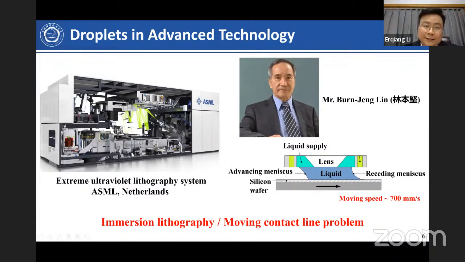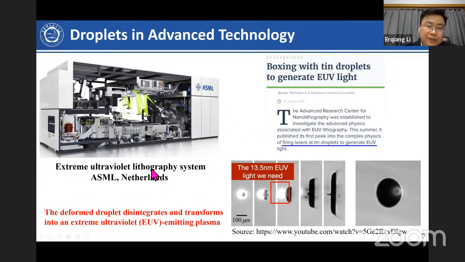Also, in the extreme ultraviolet lithography technique, the light is produced by heating thin droplets with powerful lasers. The breakup of the thin droplets and also the plasmonization process is also a drop dynamics problem.